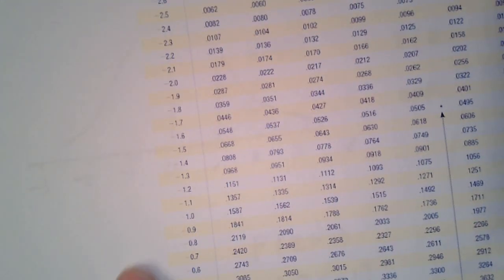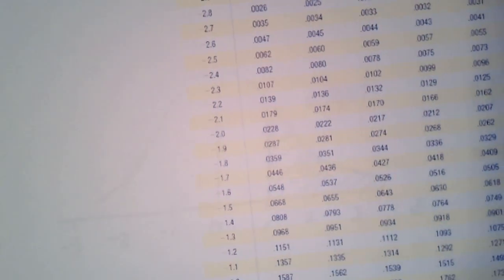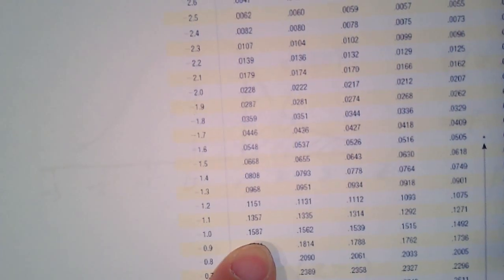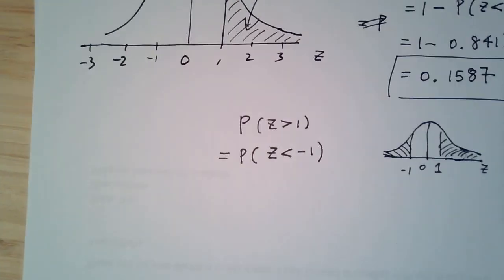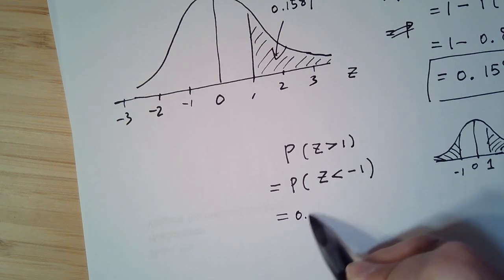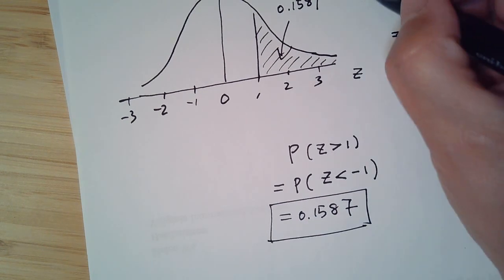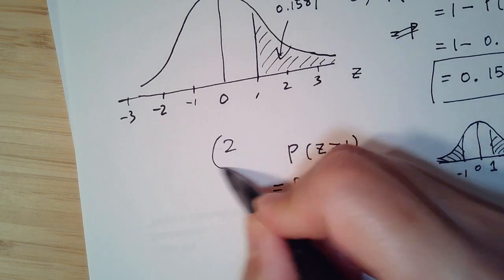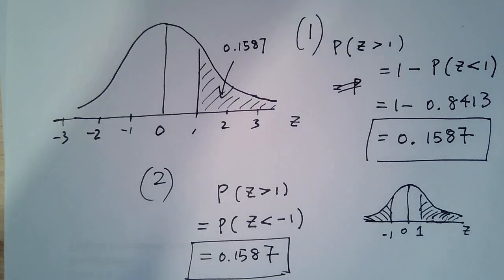Sorry. Here. -1.00. Did you see this? 0.1587. Okay, that is our answer. We just get the answer right away. So this is the first way to do it, and this is the second way to do it. Either way, you should get exactly the same answer.